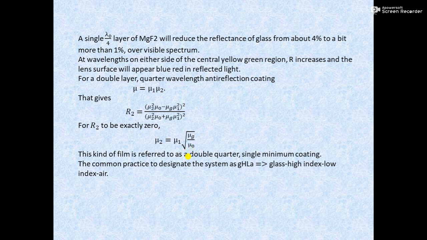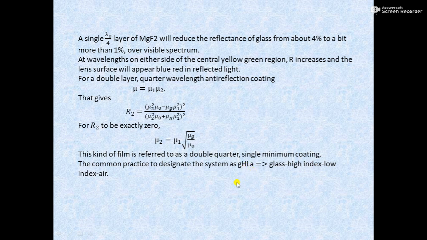It should be clear that the value of mu 2 is greater than mu 1, and accordingly it is common practice to designate glass, then high index material, then low index material, and then air. So, it is termed GHLA.